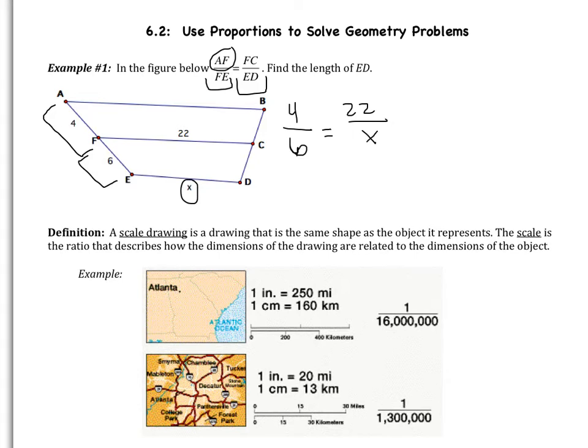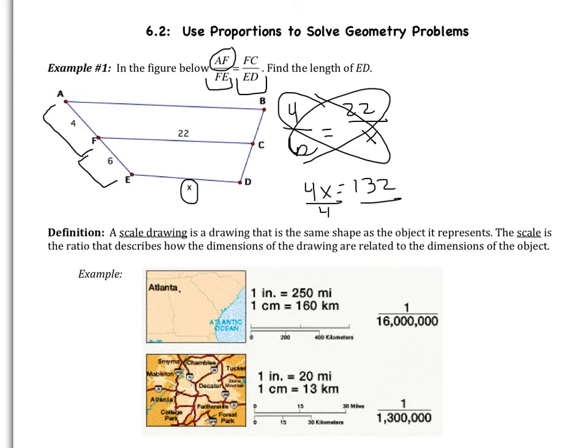And now this is exactly like the first section, where we use the cross products. 4 multiplied by x is 4x, and then 6 multiplied by 22 is 132. If I divide by 4, I get x equals 33. Remember that x was ED, so in this case, ED is 33 units long.